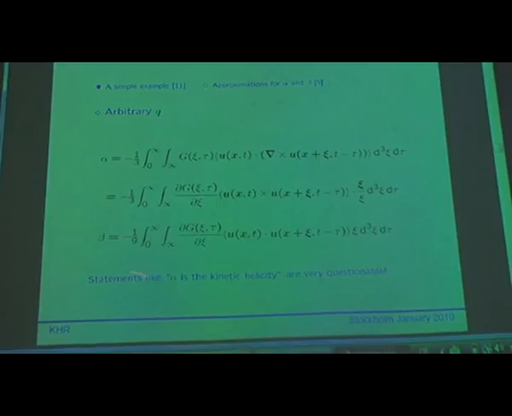It is often said in papers that alpha is the helicity. And it is very dangerous to say this or to think this. You see, it has something to do with the helicity spectrum. But you cannot say that in general alpha is the helicity. It is some weighted average over the helicity.